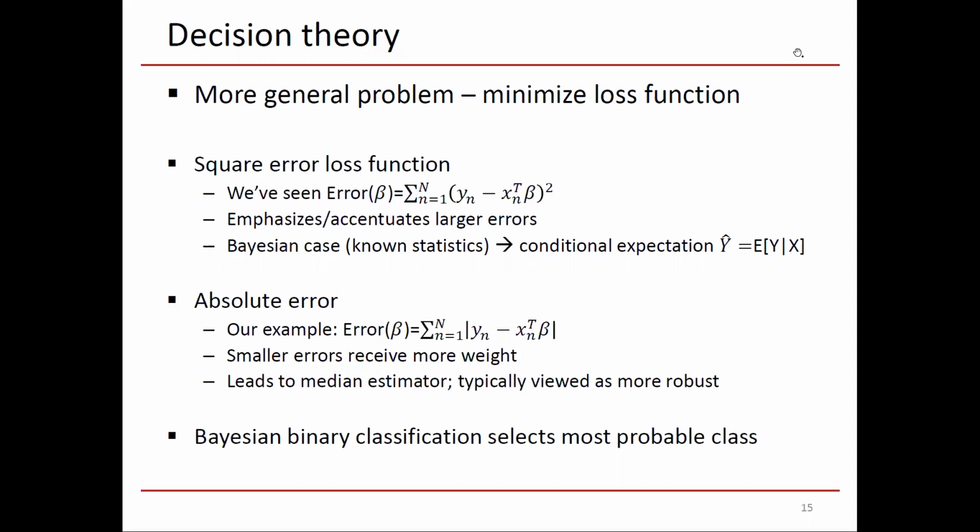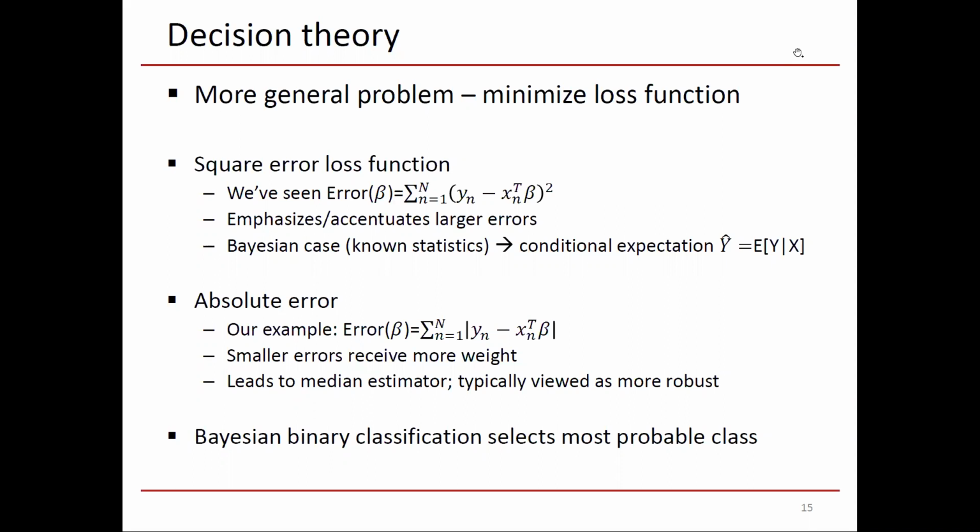In particular, our estimator y hat for the noisy observation y is going to be the expected value of y conditioned on the data x. And x, of course, are going to be explanatory variables, and y is going to be what we're predicting. And I'm really saying for squared error, conditional expectation is optimal.